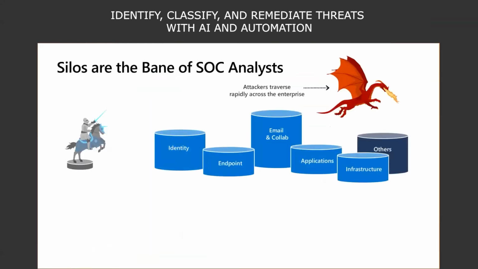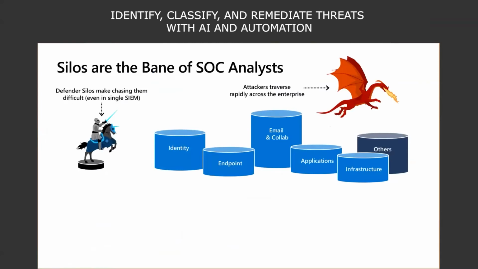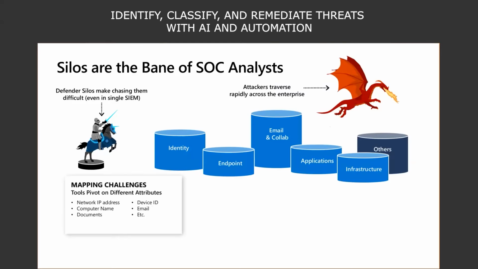Traditional platforms and security operations teams have silos of data. As discussed earlier, these silos of data make it incredibly difficult to make sense of that data. Many tools have mapping challenges that pivot on different attributes, like we have seen on the earlier slide.